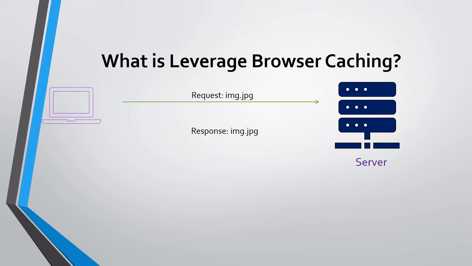If you properly set leverage browser caching on the server side, then the server responds with the image along with a header tag, Cache-Control. This Cache-Control header tells the browser you can use this resource until the specified time.